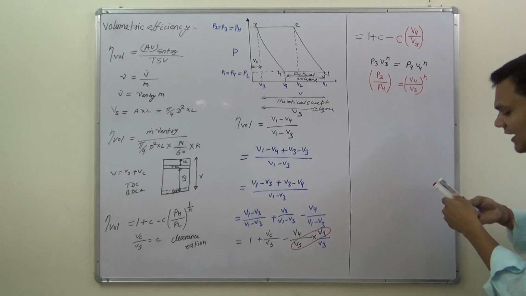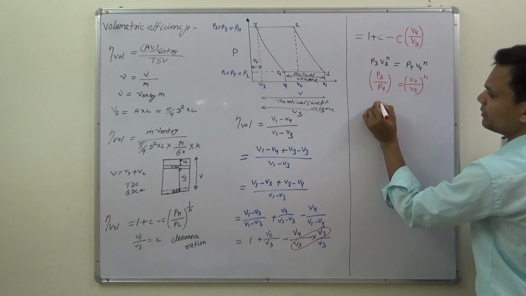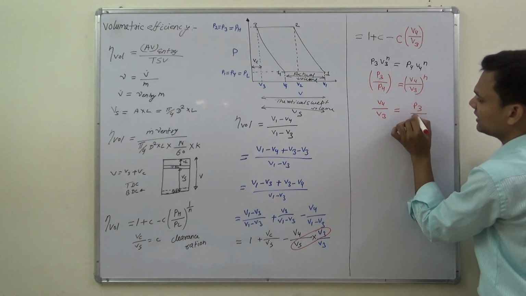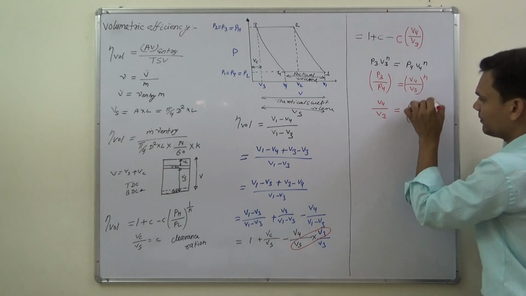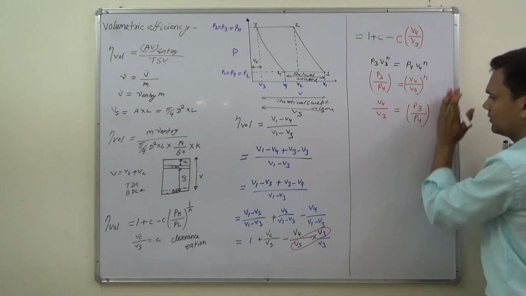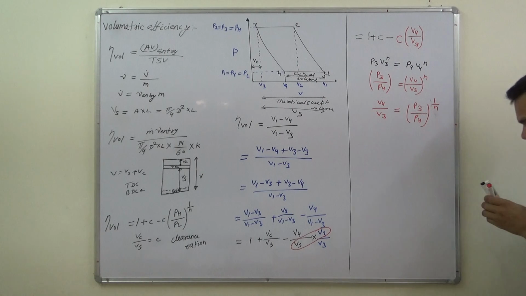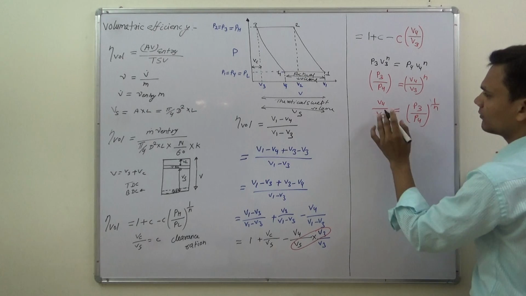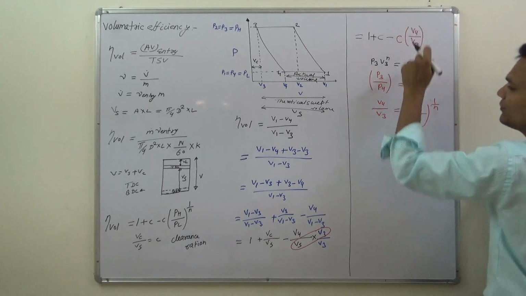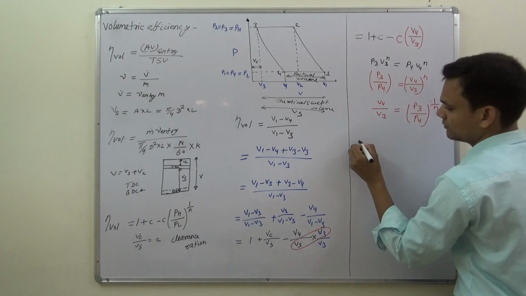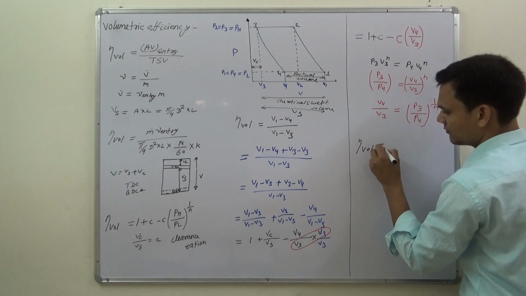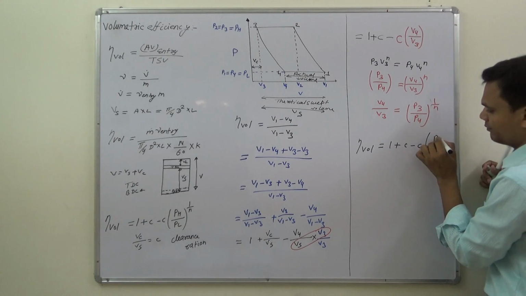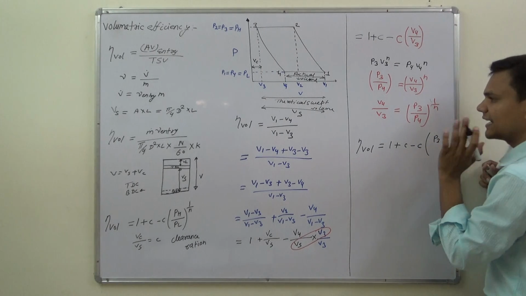So we can modify this formula. In place of V4 by V3, we can write P3 by P4 to the power 1 by n, where n is the expansion index. So in place of V4 by V3, I can write 1 plus C minus C times P3 by P4 to the power 1 by n.